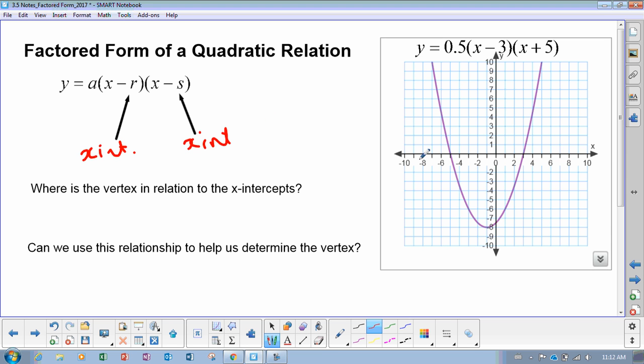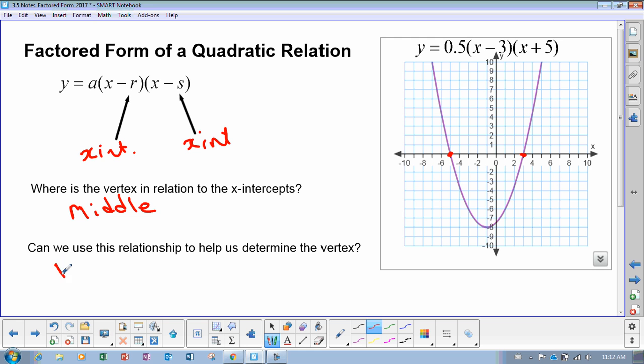Now, if we look at them, so if I were to mark on this example graph that I have right here, so I have an x-intercept at -5 and an x-intercept at +3. Where is the vertex in relation to those 2 points? It's in the middle. Your vertex is always in the middle of mirror image points, and our x-intercepts are there. So the question is, if I know the zeros, can I figure out the vertex?